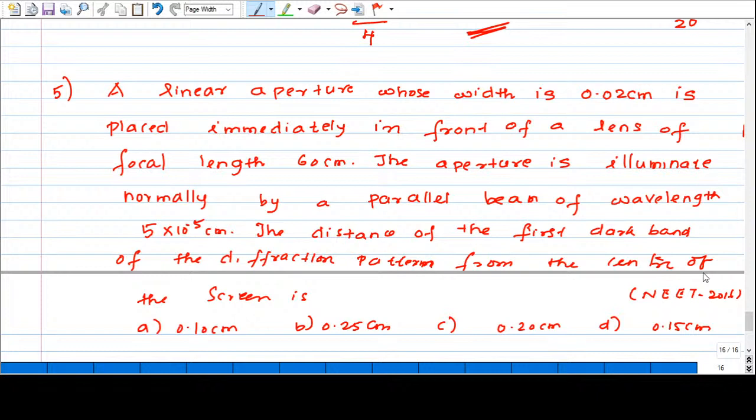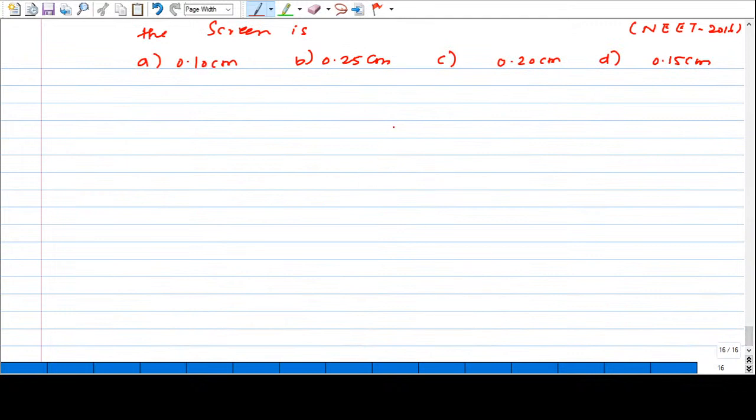So now this question we are going to do with the help of a formula, because I wrote so many formulas. So write down the solution for this question. To get the solution we are going to use the formula for finding the position of the first minima.